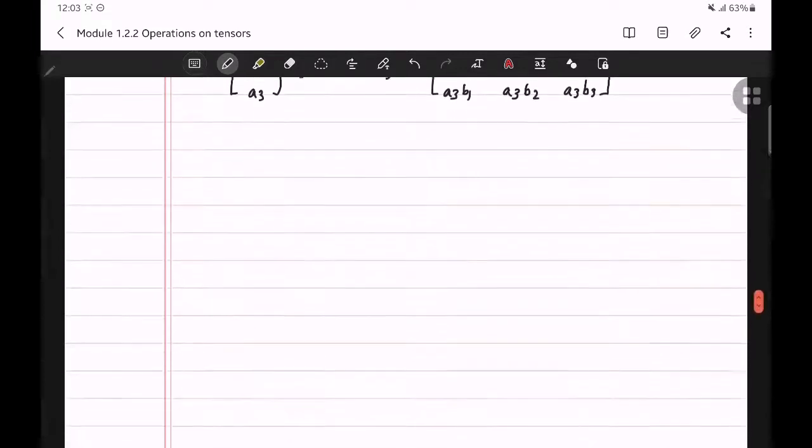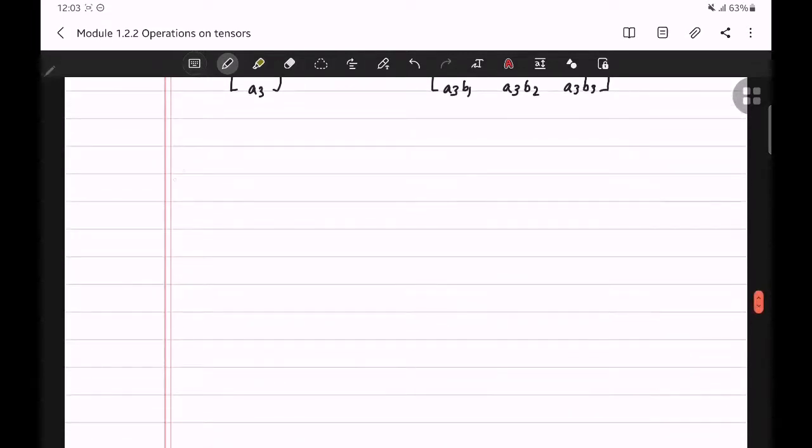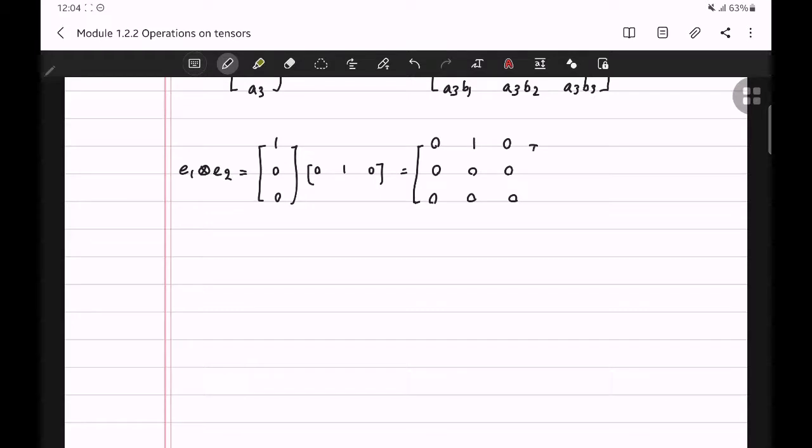All right. We can also expand this to, let's say, the unit vectors. So E1 dyad E2 is equal to, sorry, this is 1, 0, 0, this is 0, 1, 0. So this is 0, this is 1, 0, 0, 0, 0. These are all 0.